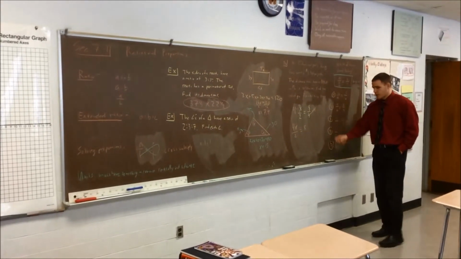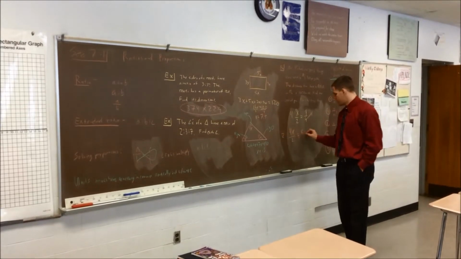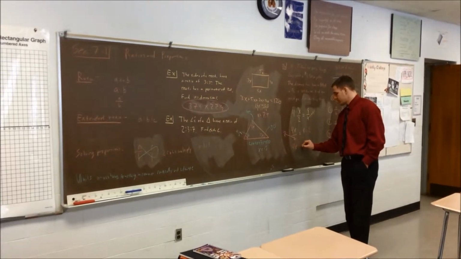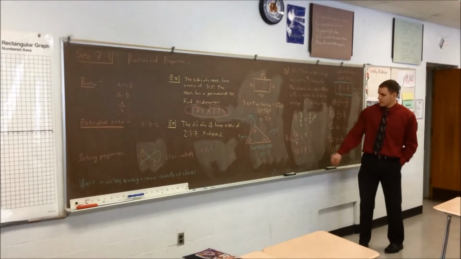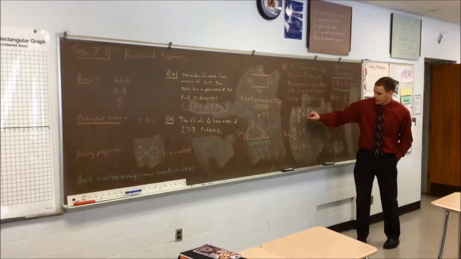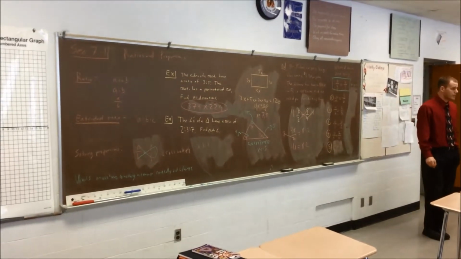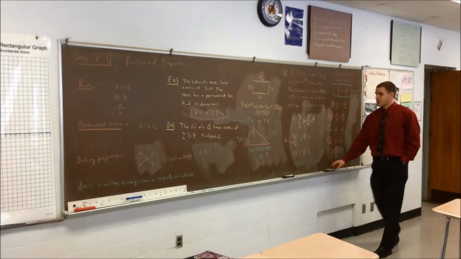How do we get rid of the 2 on this side? Multiply both sides by 2. Those cancel out. 4x is equal to 8 times 2. It's really just clearing the denominators out. That's why we do it.